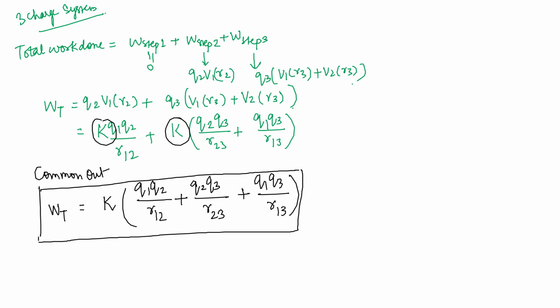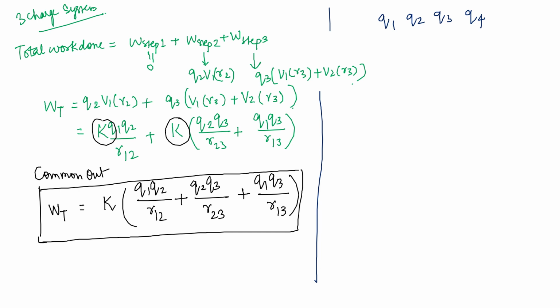Now I'll explain a very simple case of 4 charges in this system. Very fast we will go through it just to give you a little extra idea to make the concept more clear. We have charges Q1, Q2, Q3 and Q4 brought into a configuration.